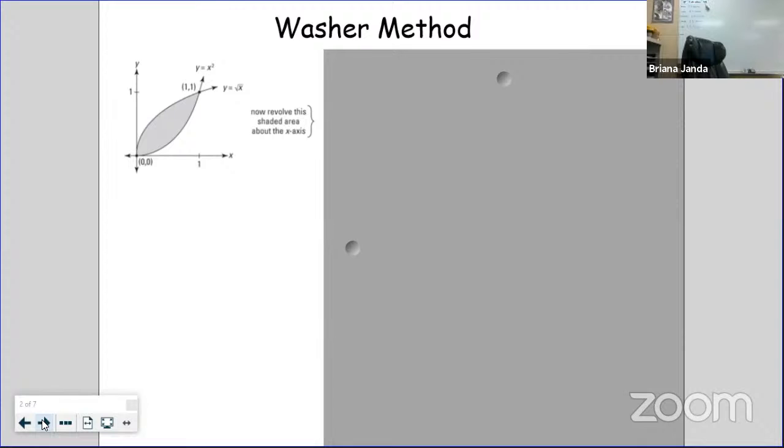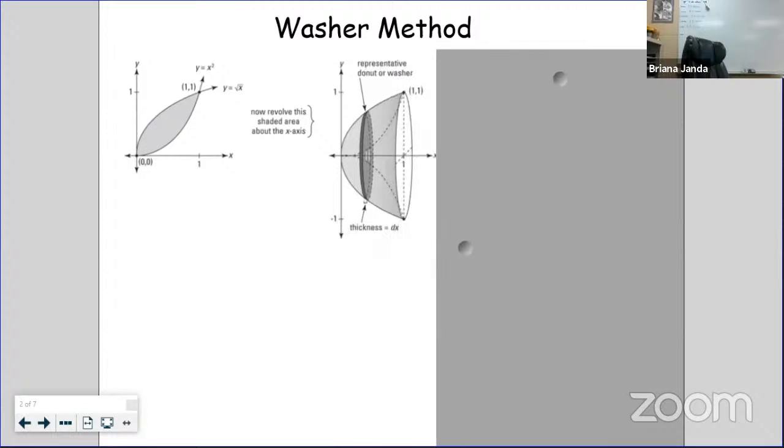For example, if we were to look at two functions bounding a curve like this, and I told you to revolve that around the x-axis, it seems very similar. But if we look at a 3D picture, once I revolve that around my x-axis, we end up with an opening in the middle, because as I revolve that, there still will be nothing here.